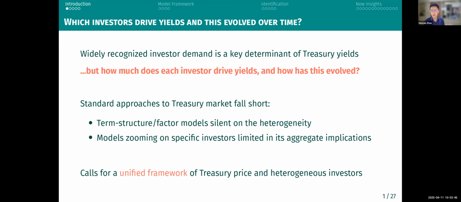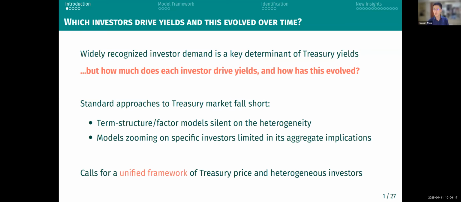If you want to think about the broad picture, usually how should we approach the problem of characterizing Treasury yields? We typically think about two different types of approaches. In general, we want to write down a term structure model with several macro factors that underpins a stochastic discount factor, which in turn is going to price the Treasuries.